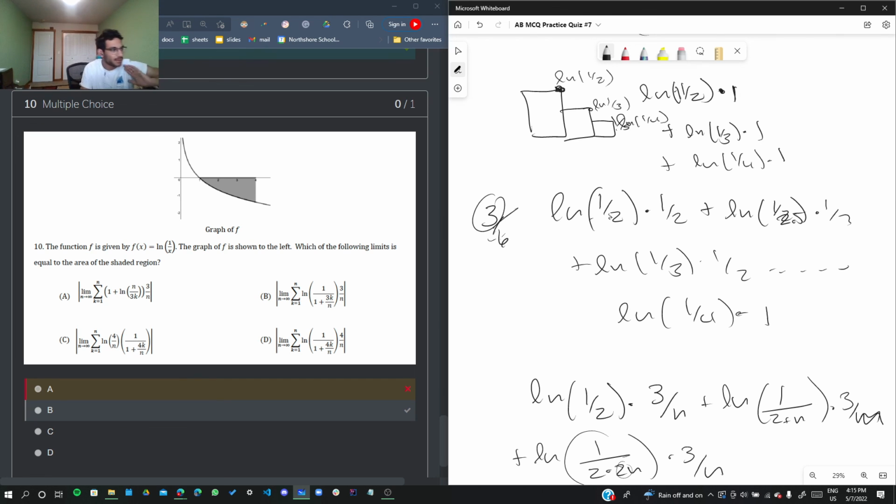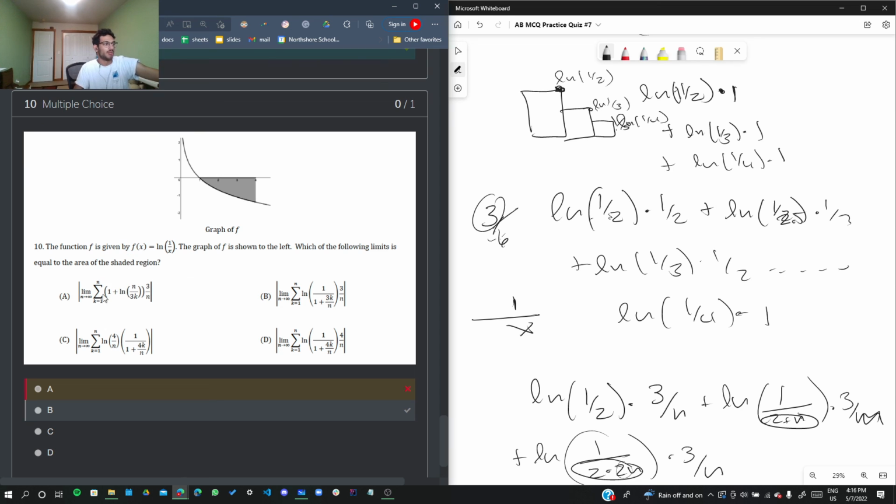Okay, so now we have this knowledge, so it has to be either A or B. And by looking at this logic over here, how we're adding numbers, we're not adding it to the natural log function, the 1 over x thing. If you look at the similarities between what's given in the question and what's in the answer, we have this 1, and then we have 1 plus our x right over here.